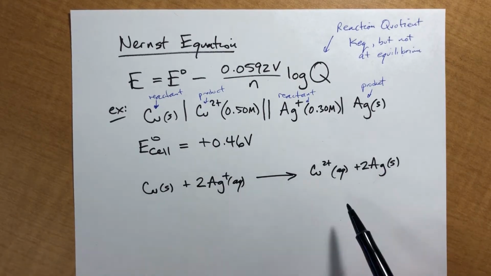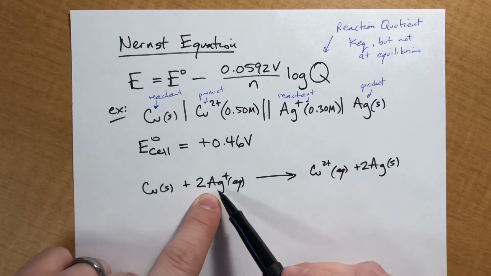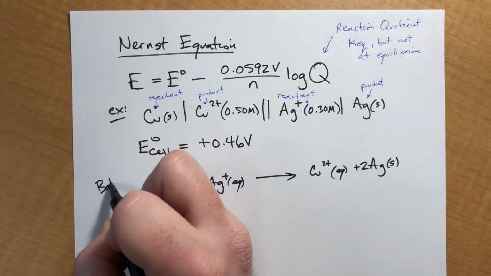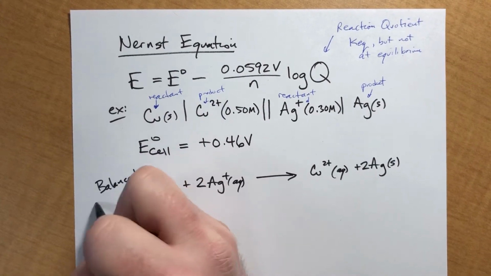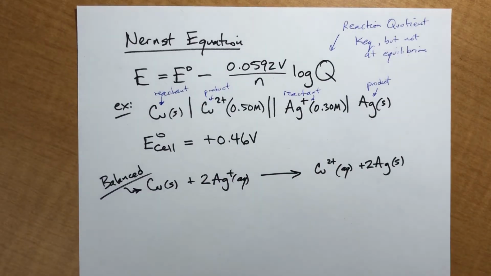Our Q value is going to be, we ignore the solids, this concentration divided by this concentration squared. So you have to get the balanced equation before you can even do the Q part.